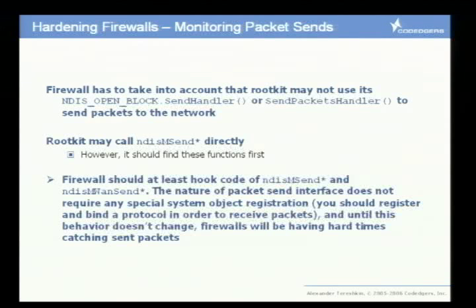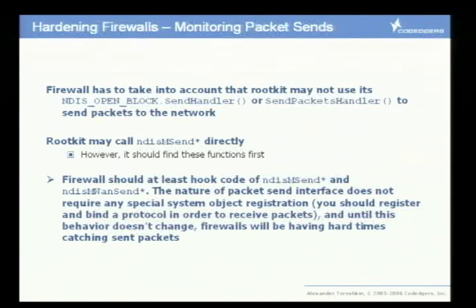For sending packets, this is not so easy to do, because a rootkit may not use its send handler, but it can call these msend functions directly. So a firewall should at least hook the code of these msend functions in hope of catching any packets sent by a rootkit. But this is not a safe solution.